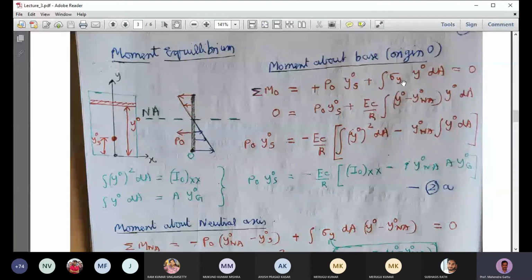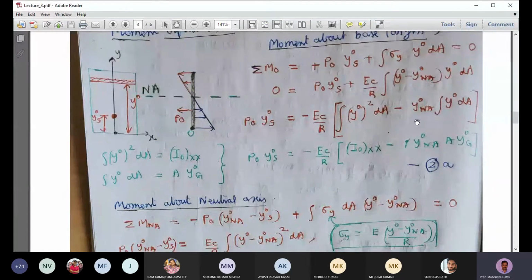We can simplify sigma y as E epsilon, so E by R into (y naught minus yna) into y naught dA. Then we send this entire term to the other side, and we get P naught ys is equal to minus E by R, integral of y naught square dA, and y neutral axis is a constant, so we take it out, and we have y naught dA.